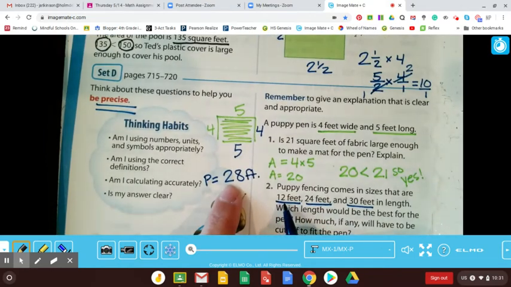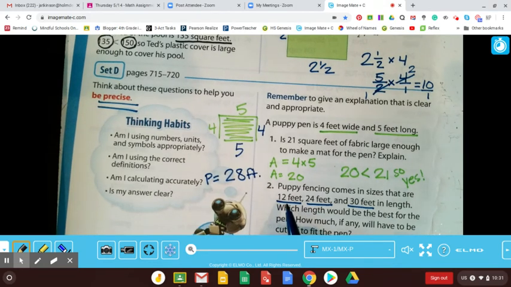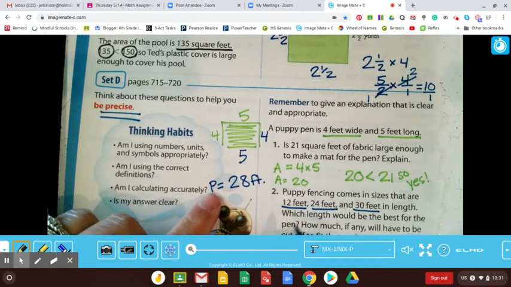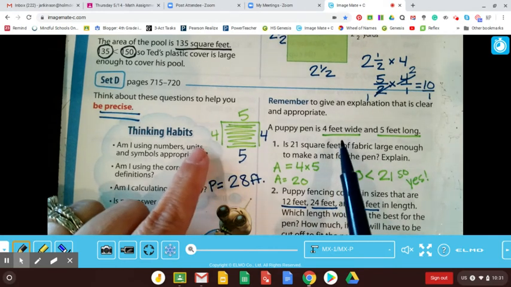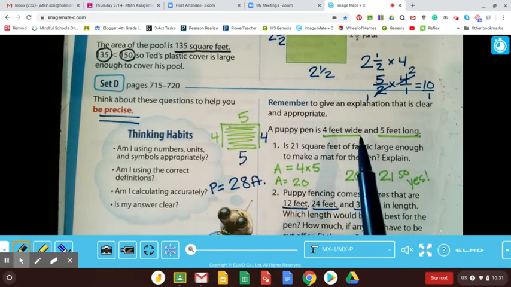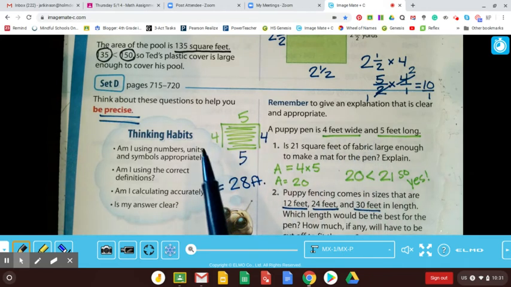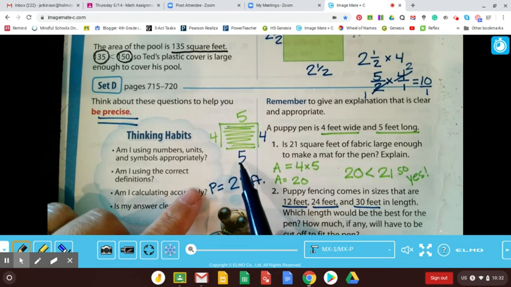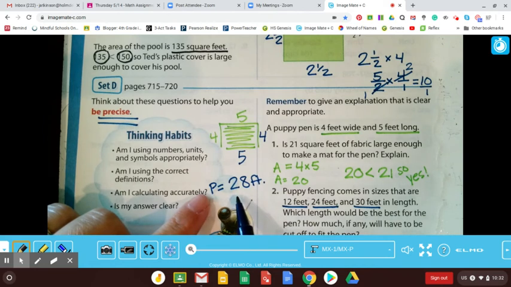So I can't use, wait a minute. 4 feet wide. The perimeter is 4 plus 4 is 8. Let's see, we're dealing with feet. How much would have to be? So the perimeter is 28 of the puppy pen.